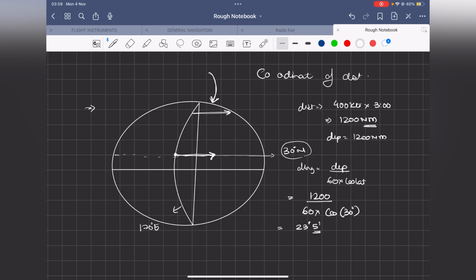Okay, fine. So let's say that there was some approximate line here, and that approximate line, this whole angle is equal to 23 degrees 5 minutes. That is what I calculated as my d long, or my absolute difference between the two longitudes, right?